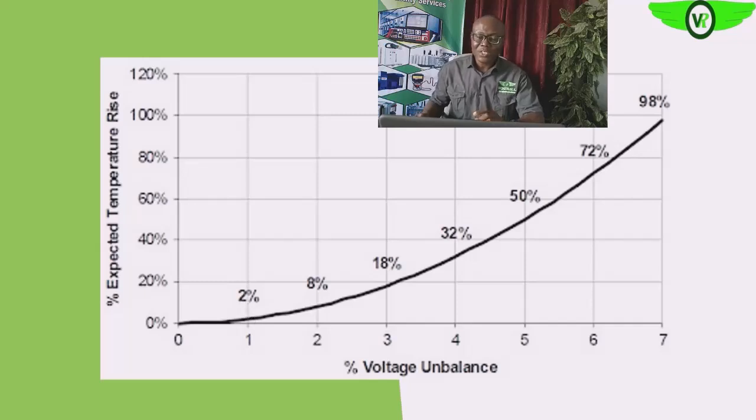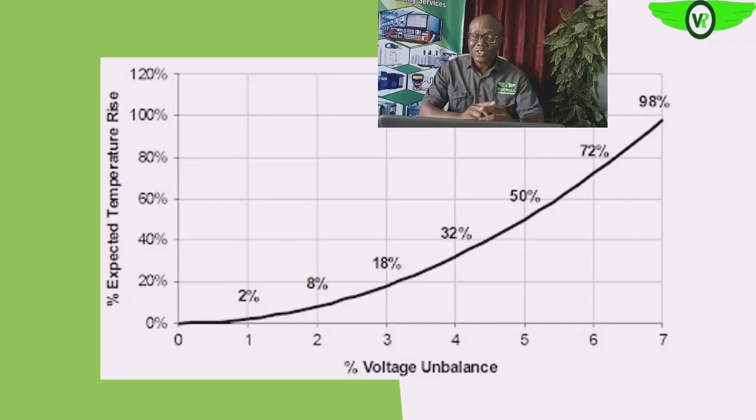So a 2% unbalance can cause 8% temperature rise. 3% unbalance can cause 18% temperature rise. Okay, because that unbalance has a way of affecting the current that flows through the windings at the end of the day.